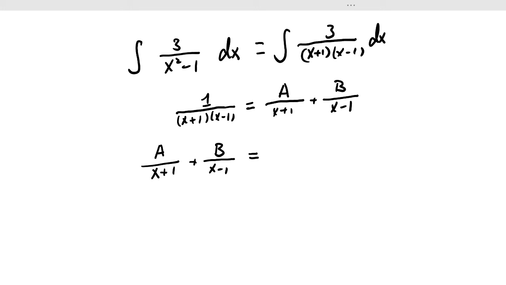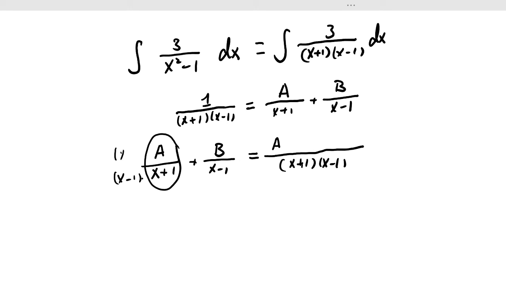In order to add these two fractions, we have to have the same denominator, which will be x plus 1, x minus 1. For the first fraction, we are missing x minus 1, so we're going to multiply by x minus 1. For the second fraction, we are missing the x plus 1, so I'm going to multiply by x plus 1.